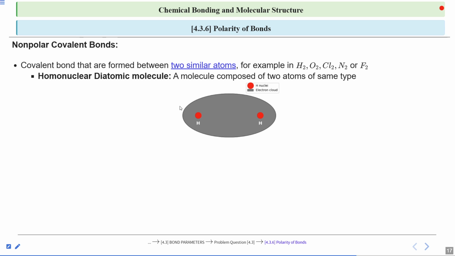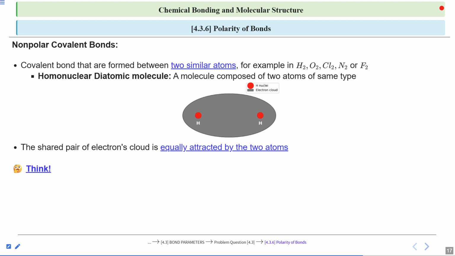Therefore, due to this equal distribution of the electron cloud, the hydrogen molecule will be non-polar. So we can say that due to the equal attraction by the two atoms, the shared pair of electron cloud is equally distributed between these two nuclei of hydrogen.